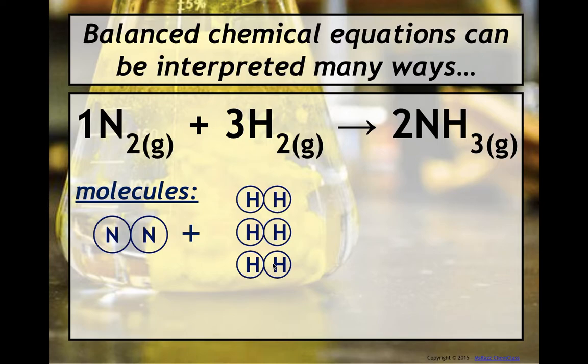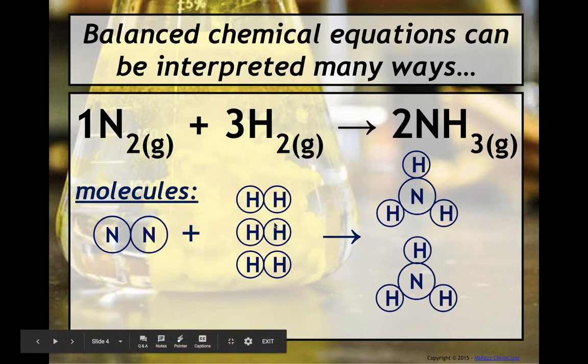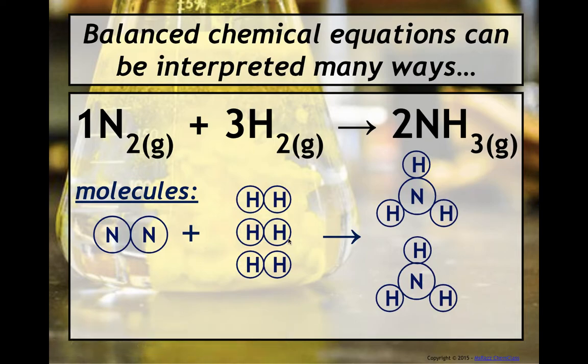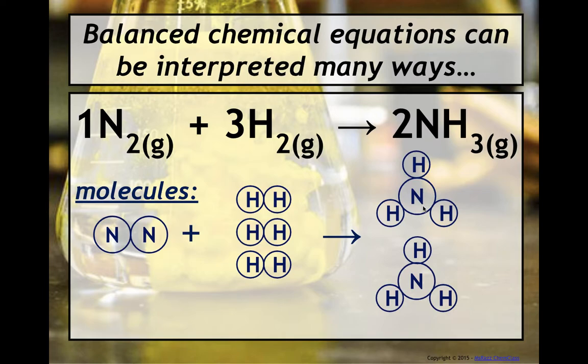So that means that we have 3. And at the end, we make 2 molecules of ammonia. But notice, everything is balanced here. We start with 2 nitrogens. We end up with 2 nitrogens in the product. We start with 6 hydrogens in the reactants. We end up with 6 hydrogens in the products, right?